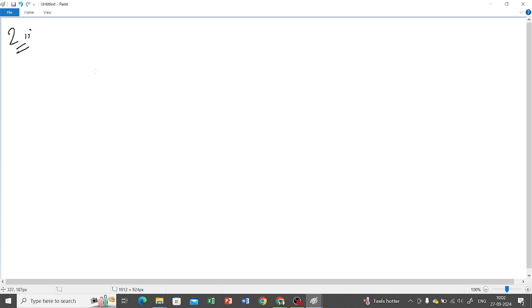So to find the bisector of the angle containing the origin, what should be the equation of the bisectors?